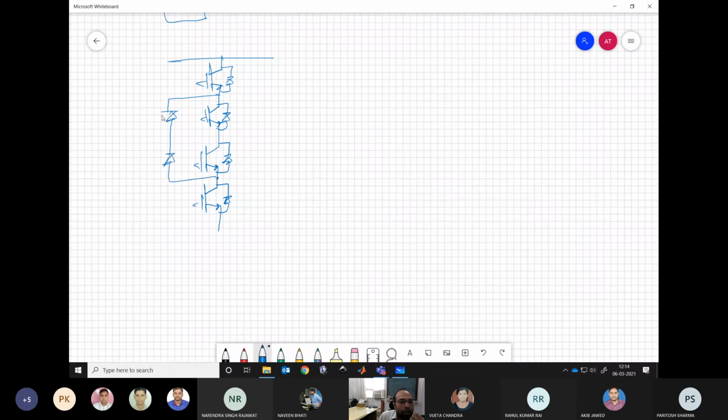These are the clamping diodes, and then the DC bus midpoint is connected to the middle branch, and this is our output. If we call this device S1, this device S2, this device S3, this device S4, then we have to ensure that our first and third devices are operating in complementary fashion, and the second and fourth are operating in complementary fashion.